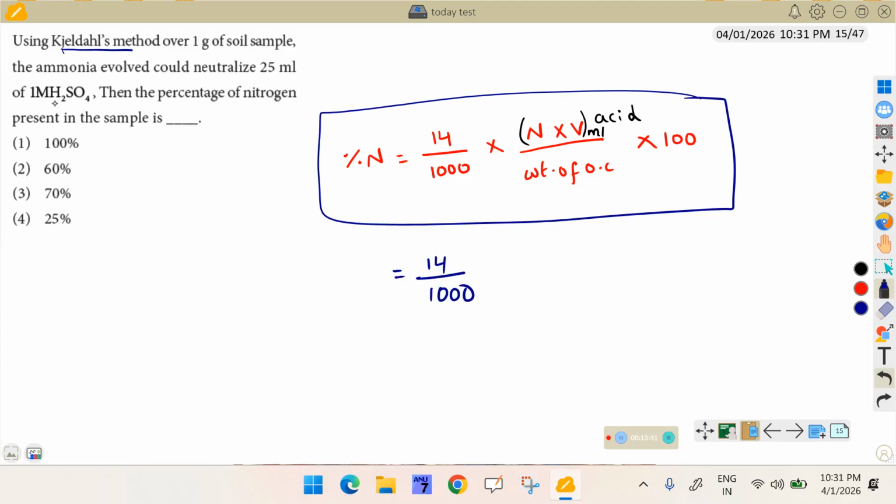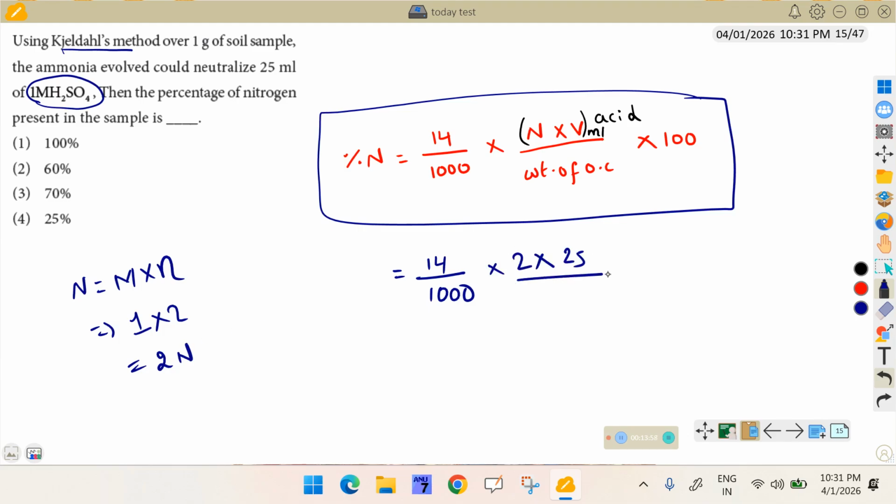Normality of the acid: normality is not given here, given molarity. Normality is equal to molarity into n, where n represents the number of replaceable hydrogen atoms. 1 into 2 is equal to 2 normal. So into 2 into volume in mL 25, by weight of organic compound in grams 100. Simplify, you will get 70%.